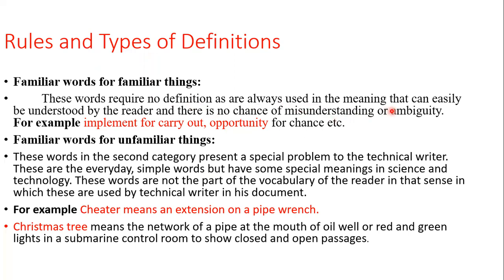Clear? For example, the words implement, execute, carry out; chance, opportunity. You have a list of words of similar capacity and potency which you can use. For example, to express someone, he's a bright student. In other words, you say it's an intelligent student.